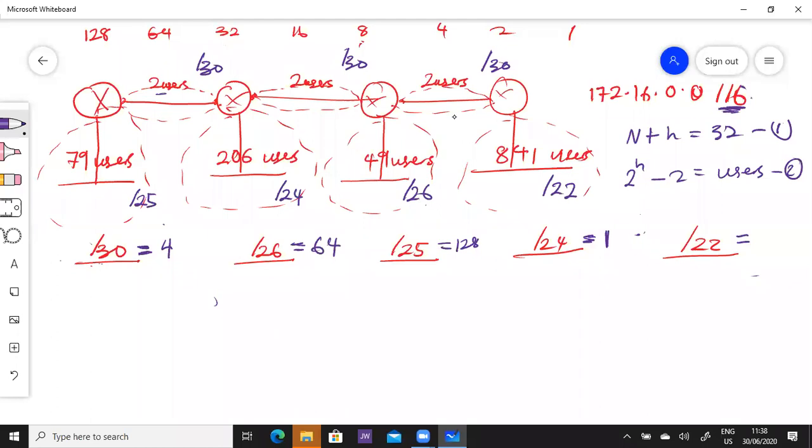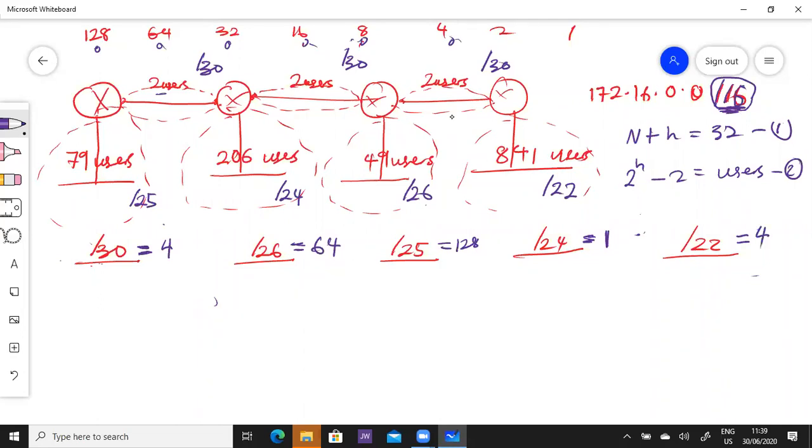You are borrowing from a /16. You borrow 6 bits. Remember, 6 bits. If you count 1, 2, 3, 4, 5, 6, it's 4.